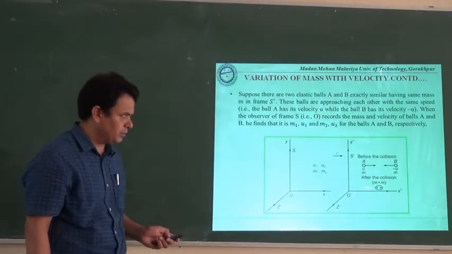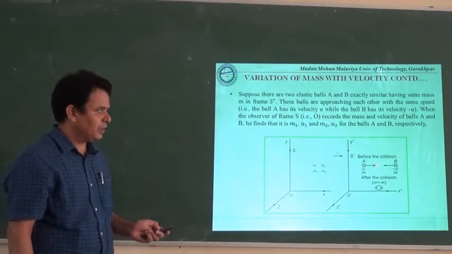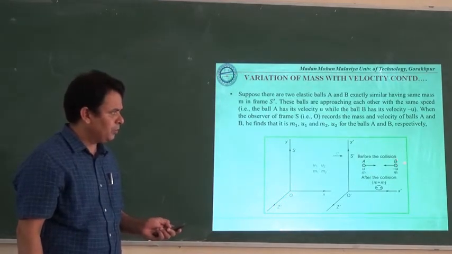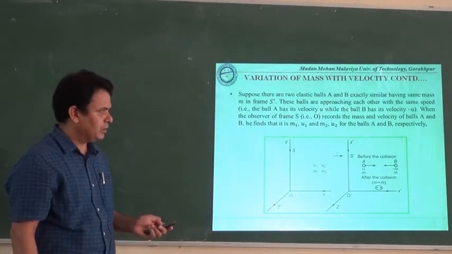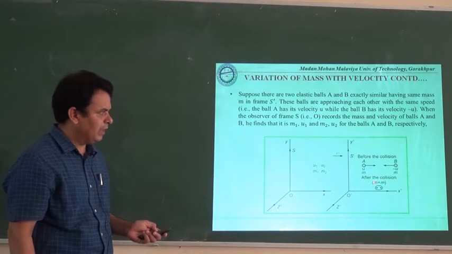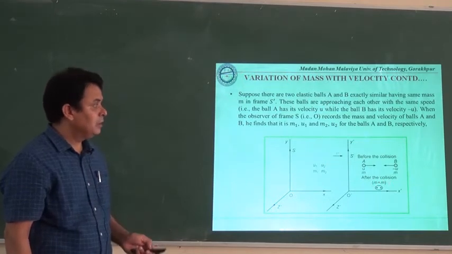This observer says ball A is moving in this direction with velocity u, ball B is moving in this direction with velocity minus u, both having the same mass, and after the collision they will have the mass M plus M.